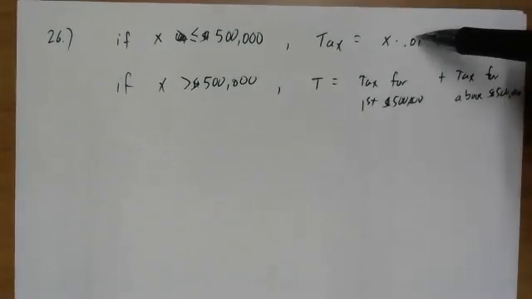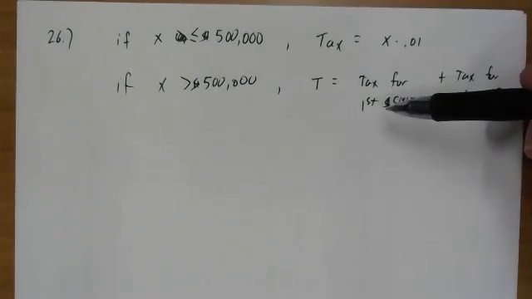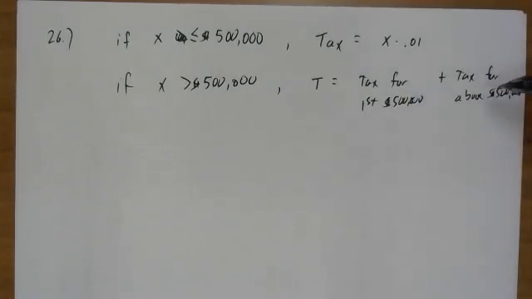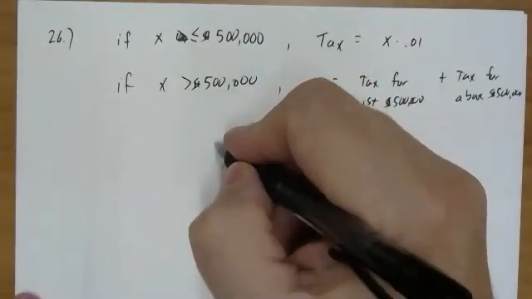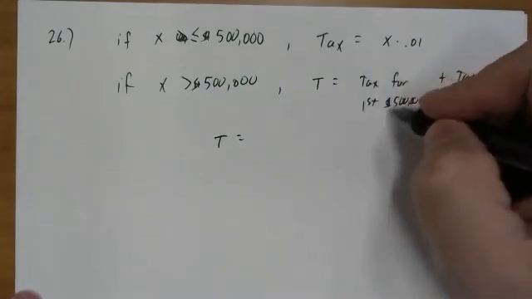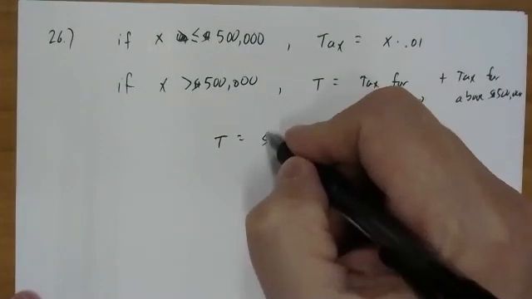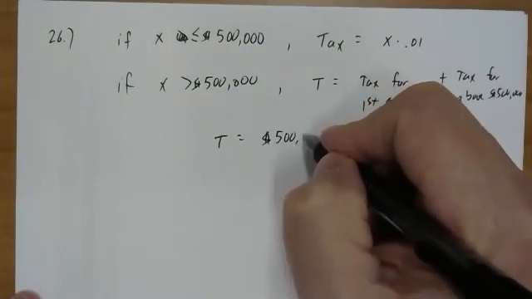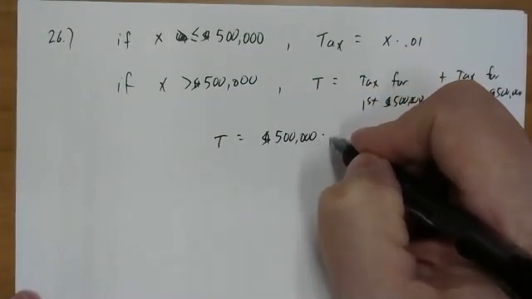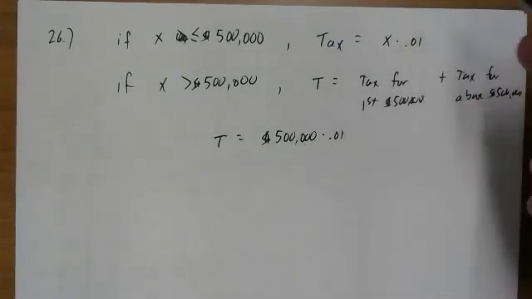You pay 1% on the first 500,000, but anything you make above 500,000, the tax rate changes. So if you make above $500,000, it's going to be $500,000 times 0.01, because that's the tax rate. So this is the amount of tax on your first $500,000.